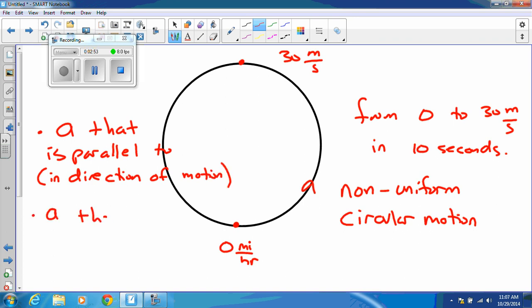And we're going to consider acceleration that is perpendicular to the direction of motion.